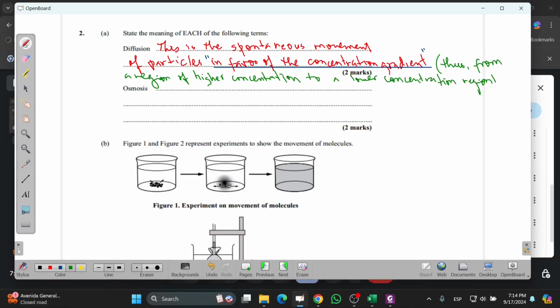That is what we mean along the concentration gradient or in favor of the concentration gradient. However, osmosis, right?